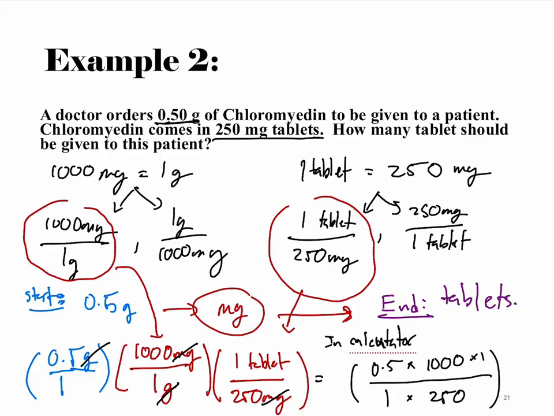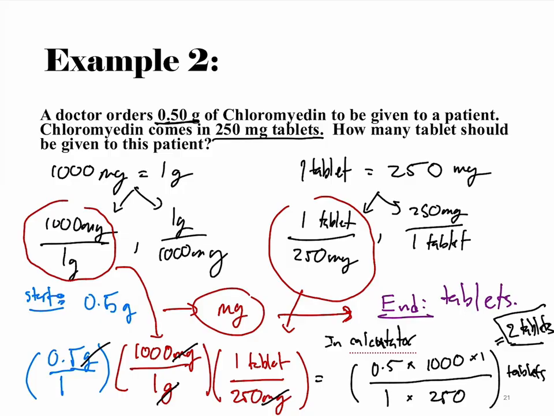And this is all in units of what? What's left over? Tablets, right? We don't plug units into our calculator. That doesn't allow us to type that. So those are just the numbers that we're plugging in. So we plug it in, 0.5 times 1,000 divided by 250. We should get, this is all equal to 2 tablets. So 2 tablets is what we should get for the patient.